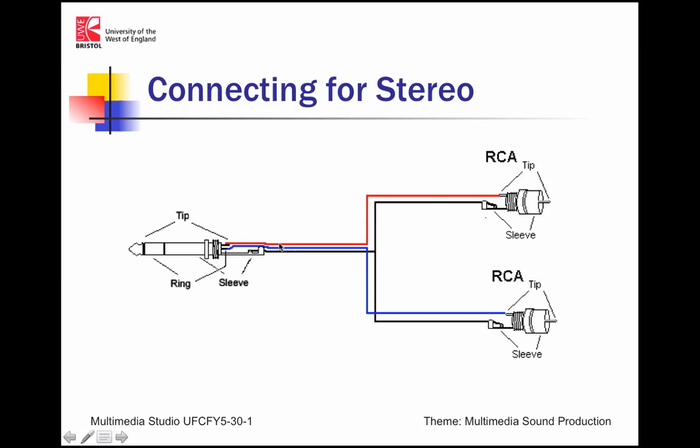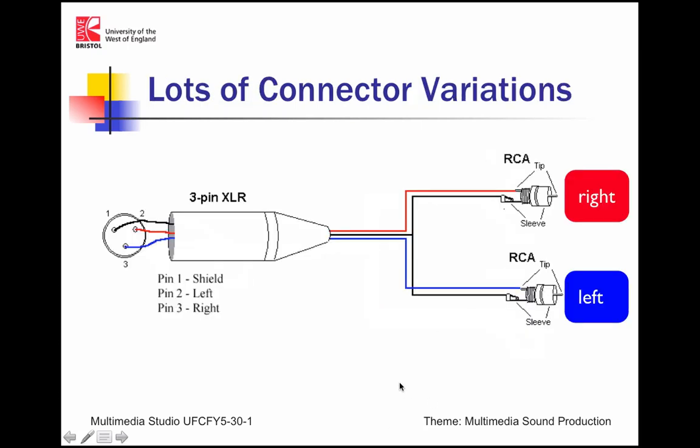The red line in this case denotes the right-hand channel, and the blue line denotes the left-hand channel, and the black lines where they join denote the common earth, as it's called, to enable the other side of the left and right-hand channels. So together we get a stereo input to our connectors here and back again. And there are various connection alternatives to that.